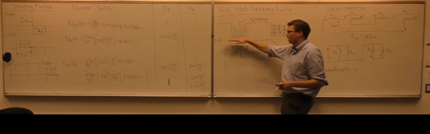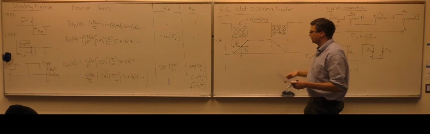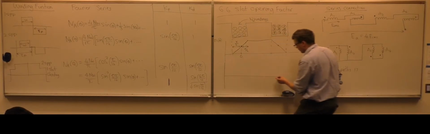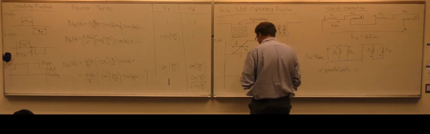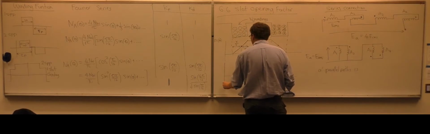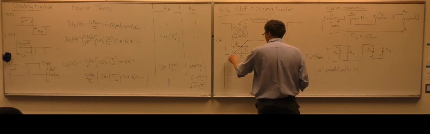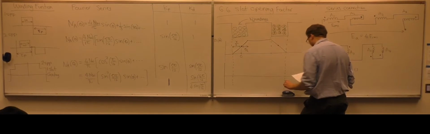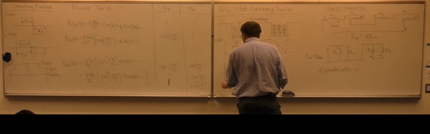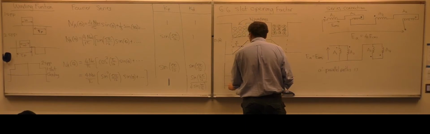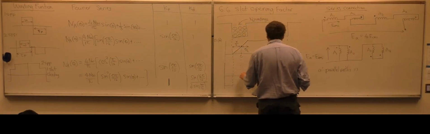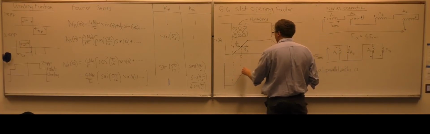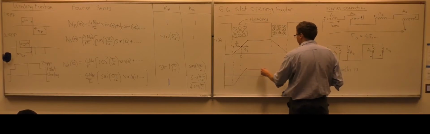The winding function, we take the average of the turns function, and subtract it from the turns function. When we do that, we're going to get out a waveform that I will try not to mess up, that looks something like this.